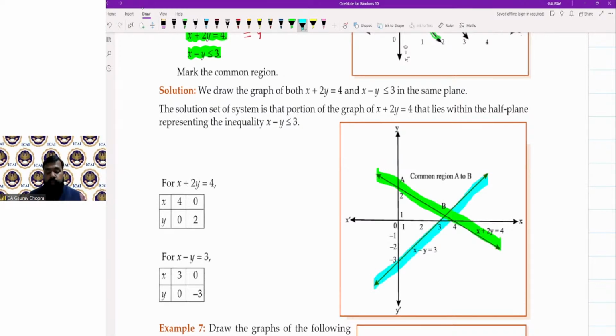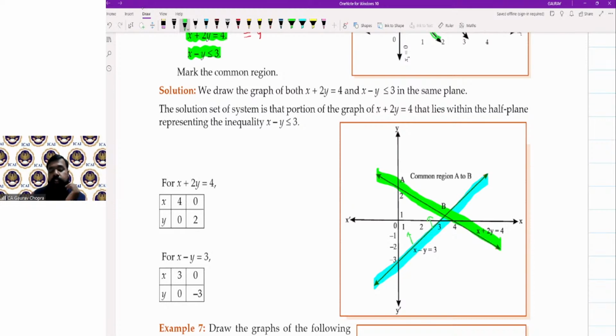But the common region क्या होगा? तो common region will not be like shaded area, because we have to simply मार्क द लाइन. यहाँ पे सिर्फ एक इक्वल टू साइन था, और इक्वल टू साइन क्या डिनोट करता है कि हमें सिर्फ उस लाइन पे रहना है, ना तो लाइन के अंदर जाना है और ना ही लाइन के बाहर जाना है. ओके. तो सेकेंड वाला जो पार्ट है हमारा लेस देन इक्वल टू 3, इट डिनोट्स दैट द रिक्वायर्ड रीजन विल बी इनसाइड. रिक्वायर्ड रीजन क्या होगा, इनसाइड वाला होगा, अंदर वाला होगा. लेकिन जो फर्स्ट वाली इक्वेशन है वो क्या डिनोट करता है कि ओनली हमारी लाइन ही रहेगी.